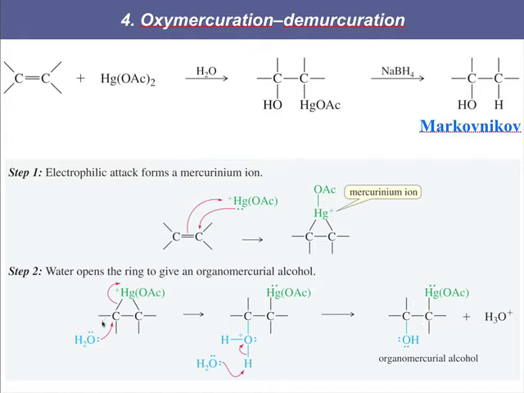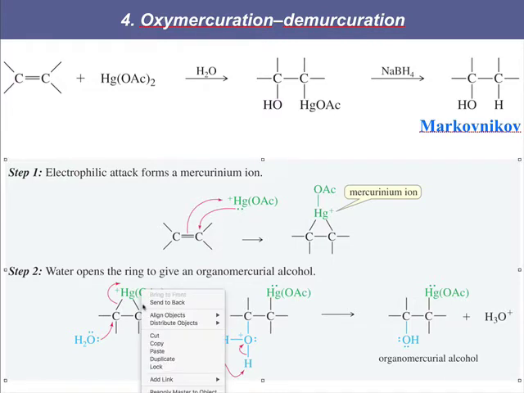Now, here's a question. Why does water add to one carbon and not the other? Notice that specifically we said that water will add to whatever carbon gives us the Markovnikov product. So there must be some reason why water is adding to one of these carbons and not the other. And there is a very good reason for that. Since the mercury group is very large, again, we've got this enormous mercury atom with this acetate group on it, water is going to add to whichever carbon gives the most room to the mercury.